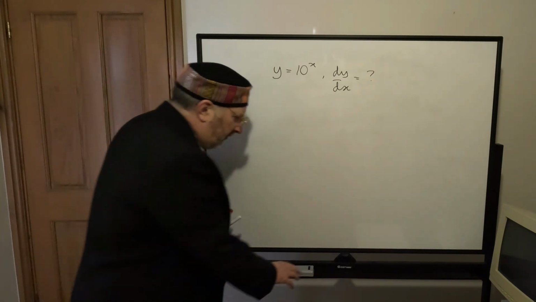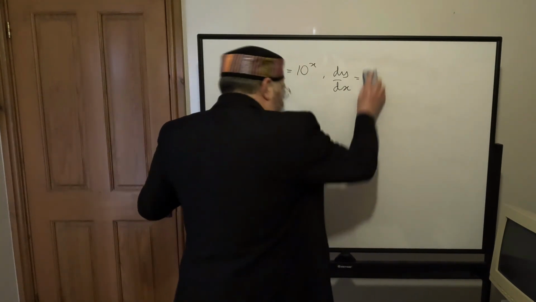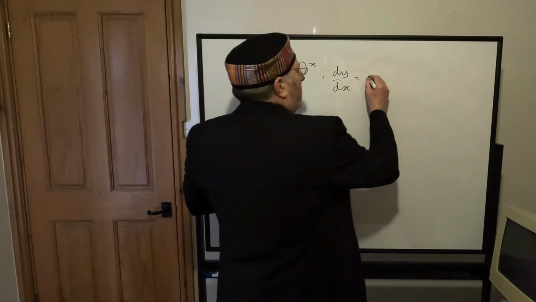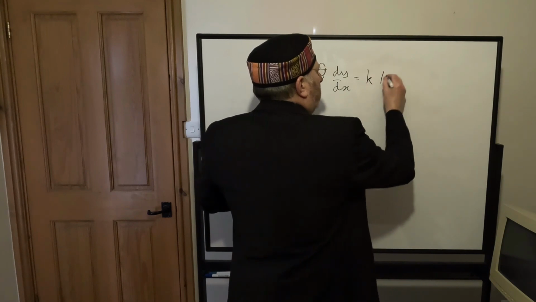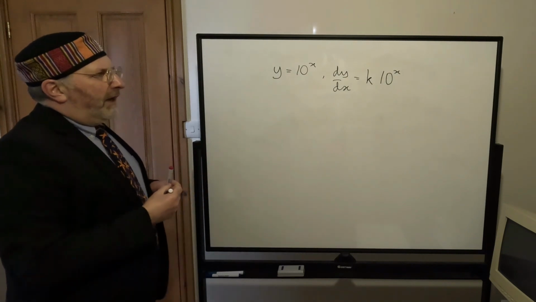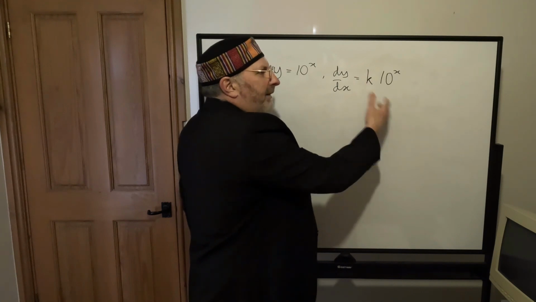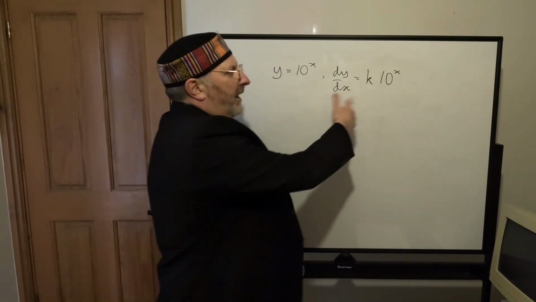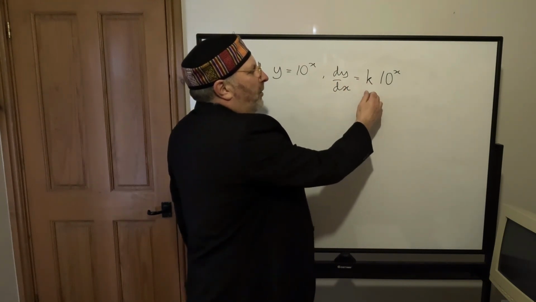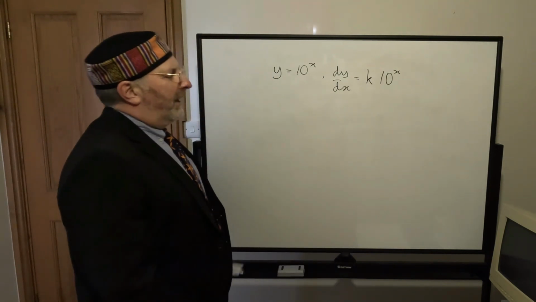But what we can do is accept it as an empirical fact that when we find the derivative of 10 to the x, it is a constant k times 10 to the x. We can verify that empirically by just plotting the graph of 10 to the x and measuring the slope, and we will find that the slope at every point is a constant times the value of the function at that point, 10 to the x.